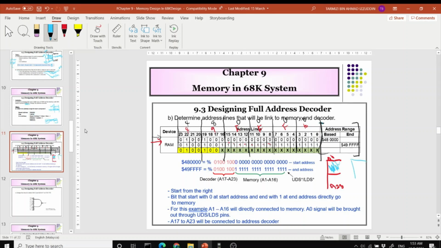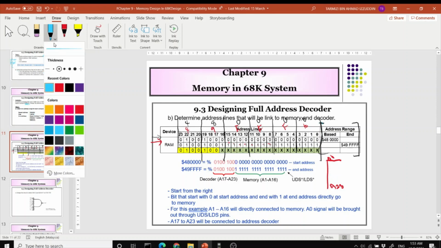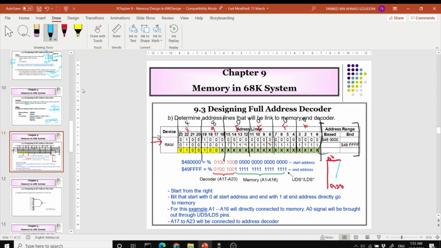Pardon me, I'm not good at drawing. So let me put this color. Okay, some will be connected to the address bus and is directly connected to your RAM.